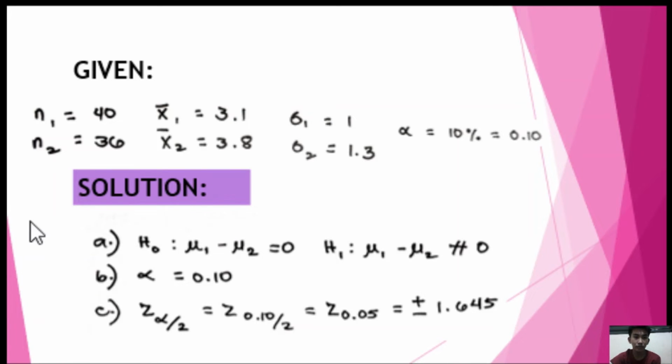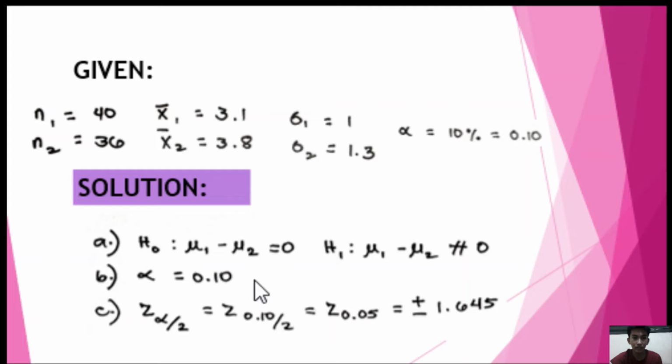Now, ito yung solution. A, H sub 0: mu sub 1 minus mu sub 2 is equal to 0. H sub 1: mu sub 1 minus mu sub 2 not equal to 0. Ito na yung sinasabi natin na pag equal to, at not equal naman ang contradict, null at alternative hypothesis.